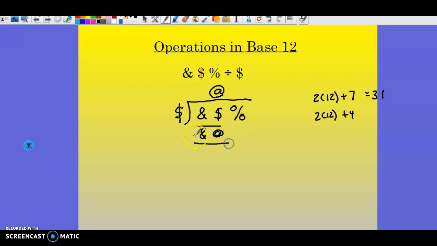And then subtract. Of course, and that would cancel, subtract out. 7 minus 4 is 3. And then bring down, is that right? 7 minus 4 is 3.